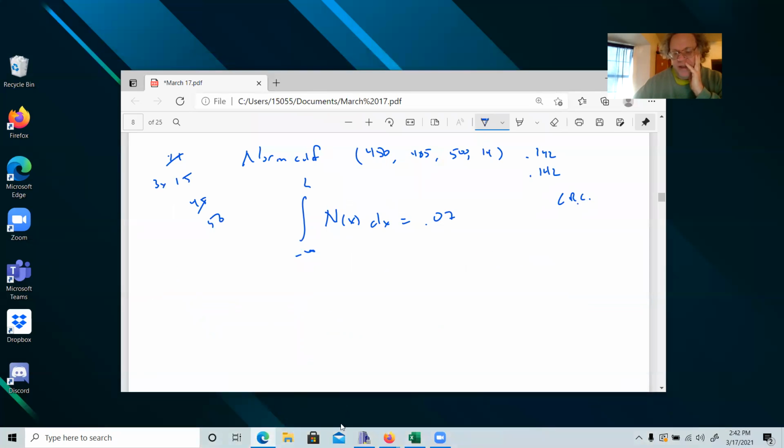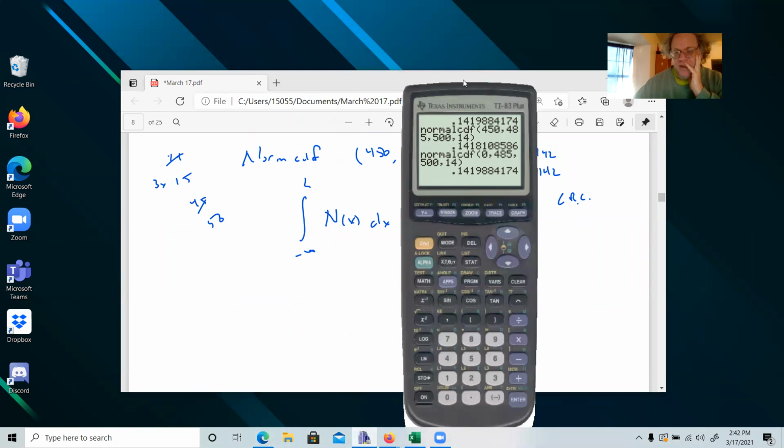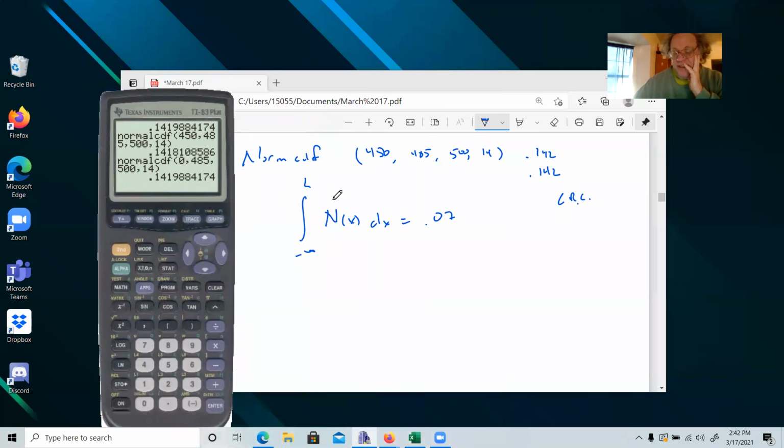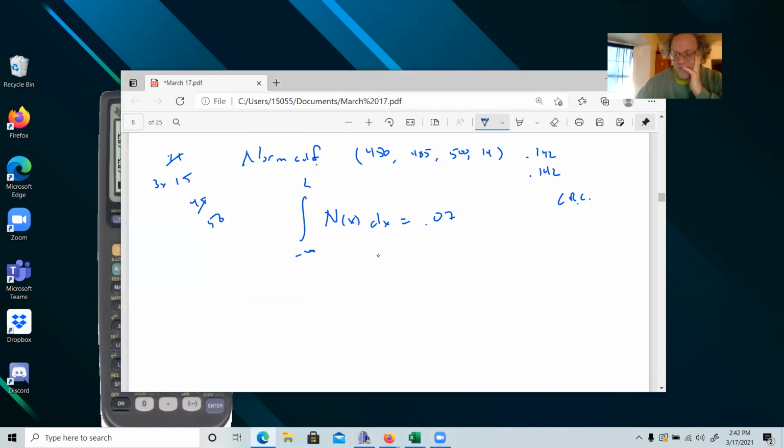I have no idea who wrote this problem or why they thought this would be a good idea. Again, it's stats, it's not that big of a deal. What we're going to do, notice that in the CDF, we fed it two numbers and it spat out a probability.